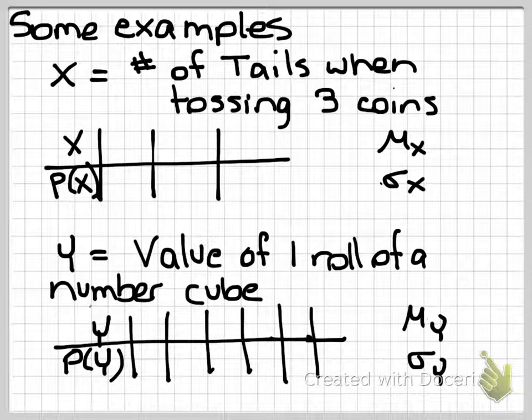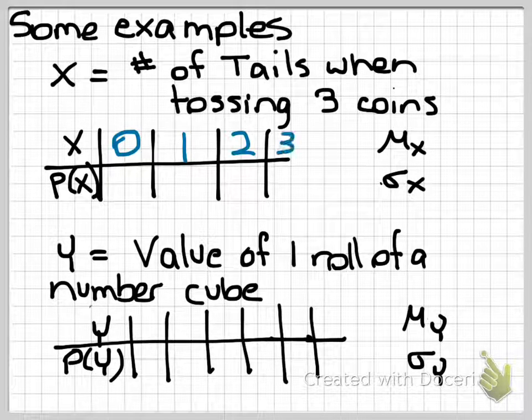If we look at the first example and we consider the number of tails when we're tossing 3 coins, there are actually 4 different options here when we're tossing 3 coins. First off, we could get no tails, we could get 1, we could get 2, or we could get 3.